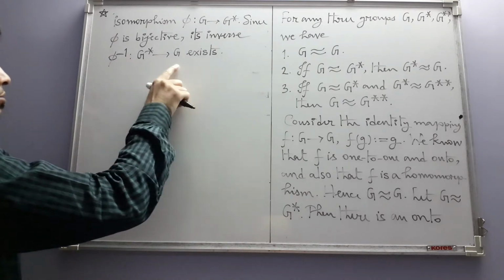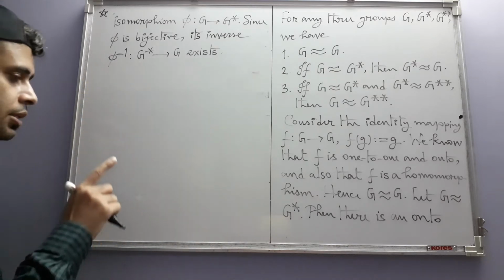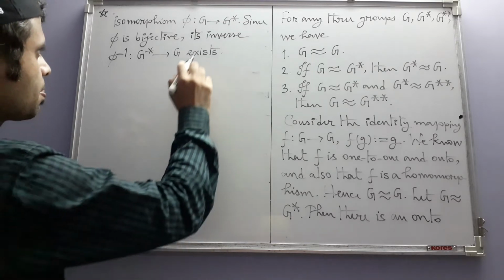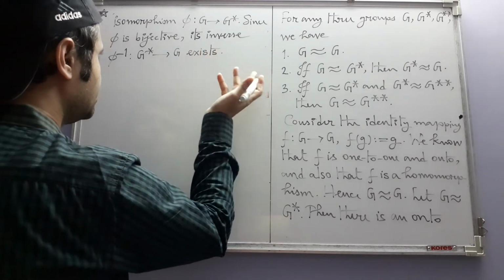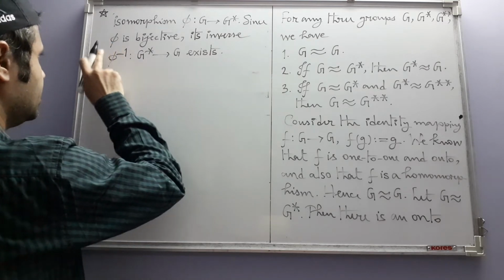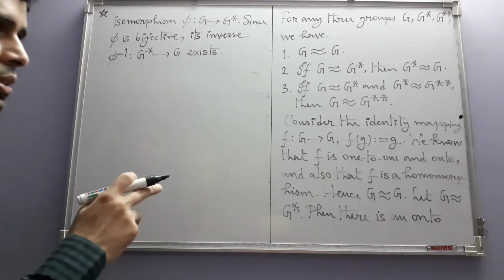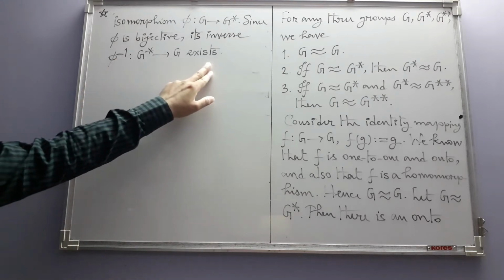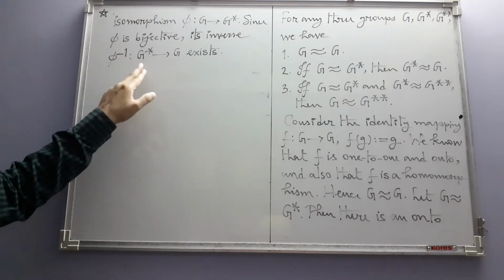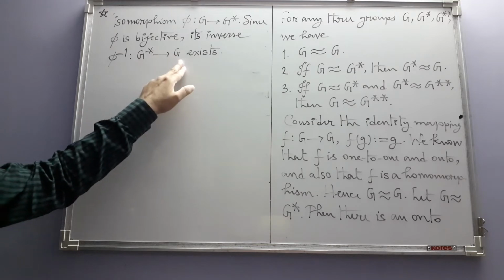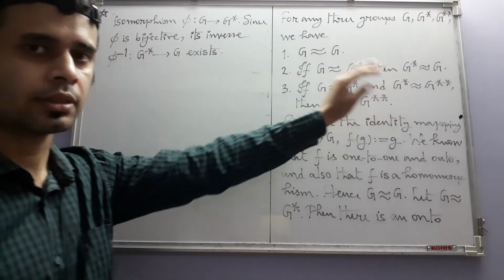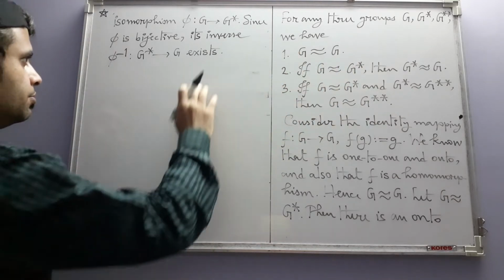Now we aim to prove that this phi inverse itself is also a homomorphism. We already know that the inverse of a bijective map is itself bijective. So if we can show that this is a homomorphism, then this will be an isomorphism from G star onto G, proving that G star is isomorphic to G. That's what we want to now do.